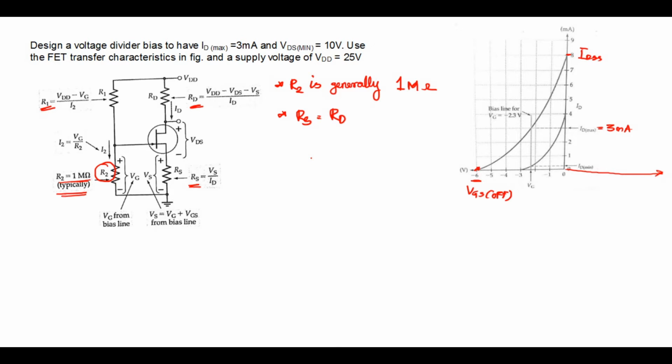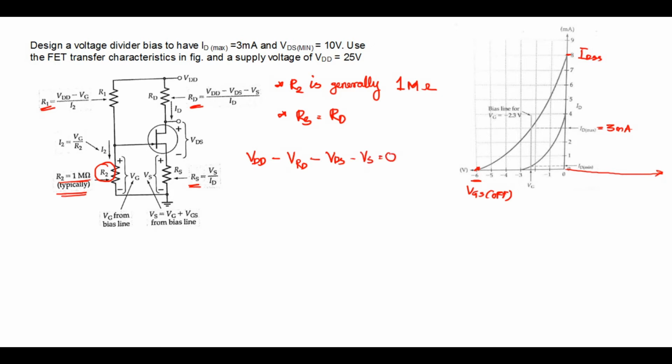So we need to find RS, RD and also R1. These are the parameters we need to calculate from this circuit. To start with, we will go by the conventional method of applying Kirchhoff's voltage law. If we take the circuit, we have the equation VDD minus VRD minus VDS minus Vs is equal to 0.